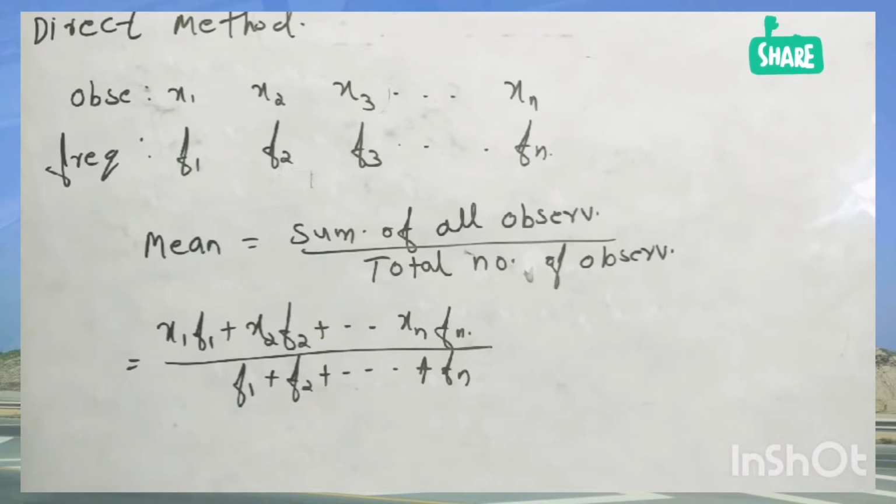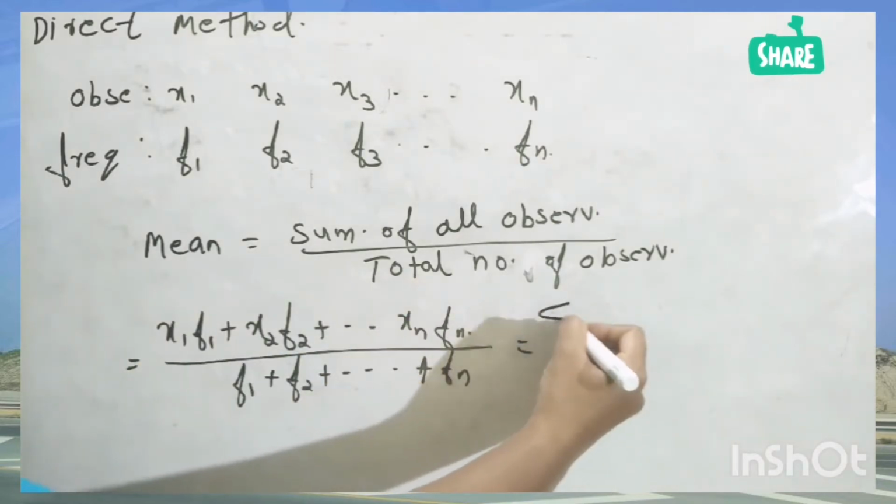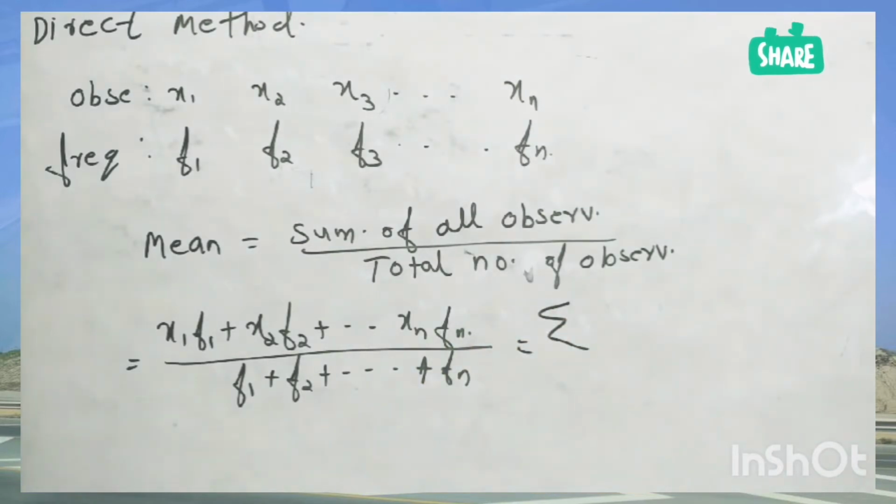Now we are going to use one Greek letter, capital sigma. It means summation.